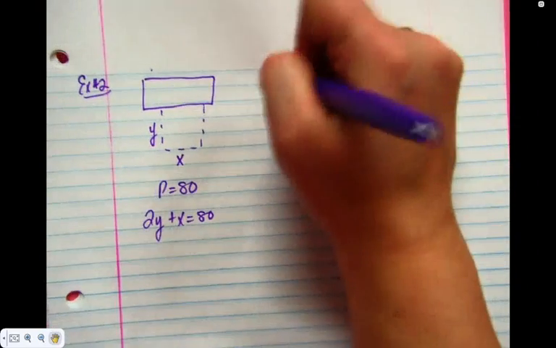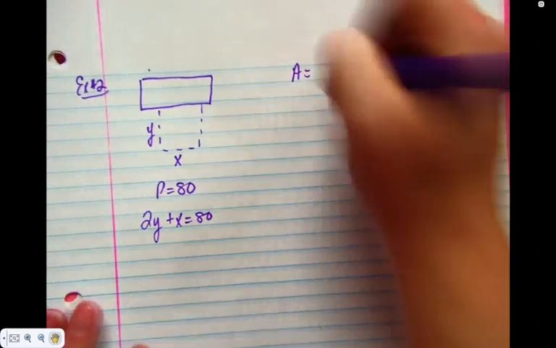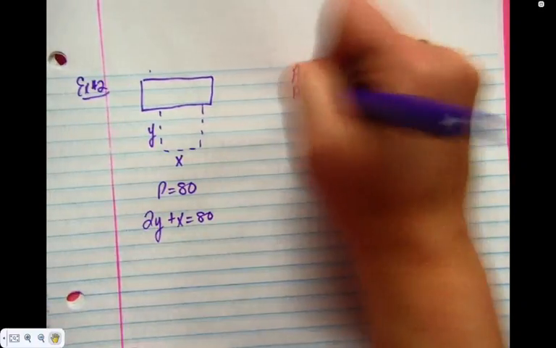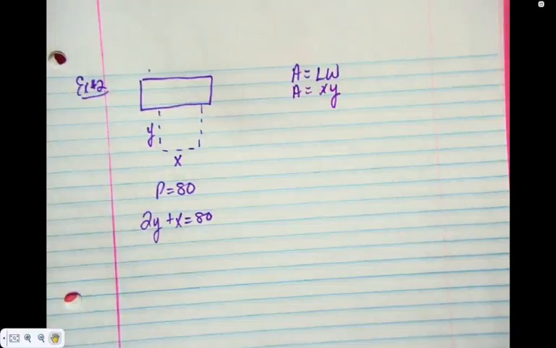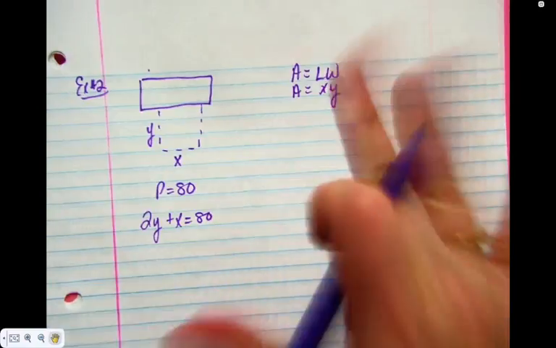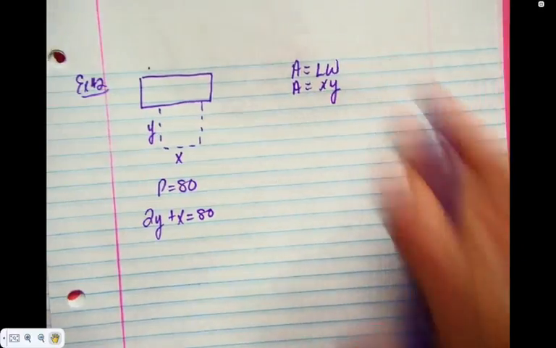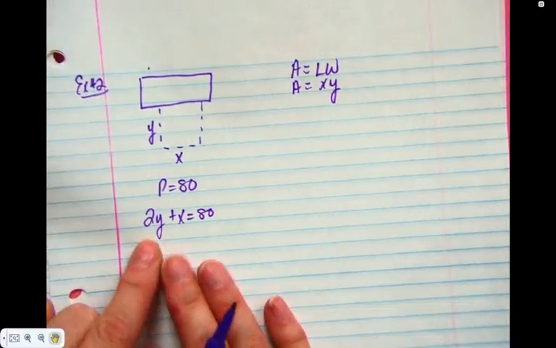Then I come over to the right, and I need an expression for the area of a rectangle. Area is length times width. I've defined them as x and y. What do I need to do now? I need to get y out. So this is where I come back to the left, and I get an expression for y.